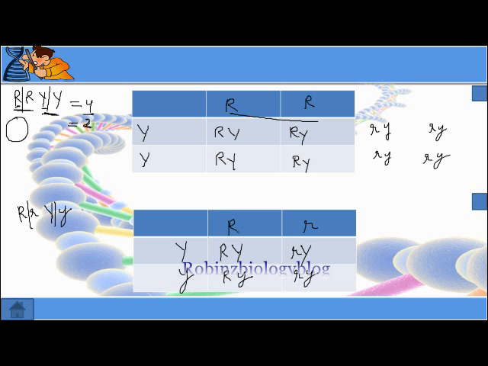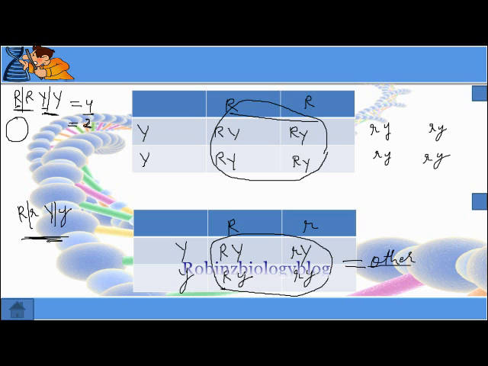So if you compare these gametes with the ones that we got earlier, you will see that there is a difference. We have capital R with capital Y, capital R with small y, small r with capital Y, and then small r with small y. Similarly, this is something that we are going to get for the other parent as well, because they both have the same genotype.